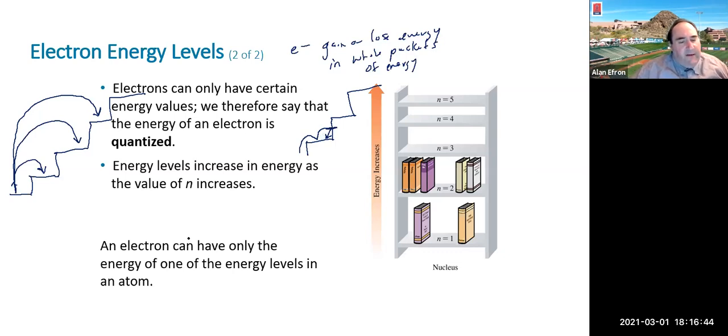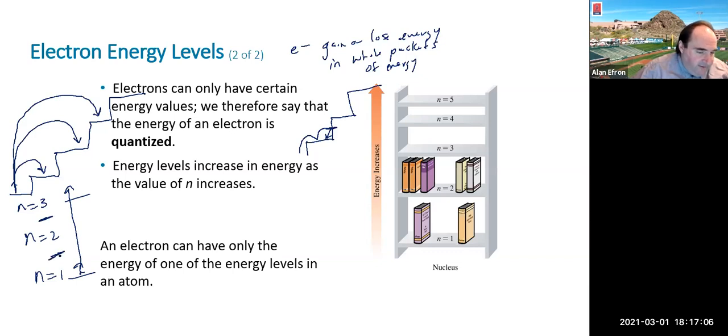We either have an electron on the n equals 1 level, or n equals 2, n equals 3. And if that electron is not on the first energy level, for example, it will definitely gain enough energy to make it all the way up to whatever level it's going to end up at. So maybe the third level. It won't find itself halfway between levels or anything like that.